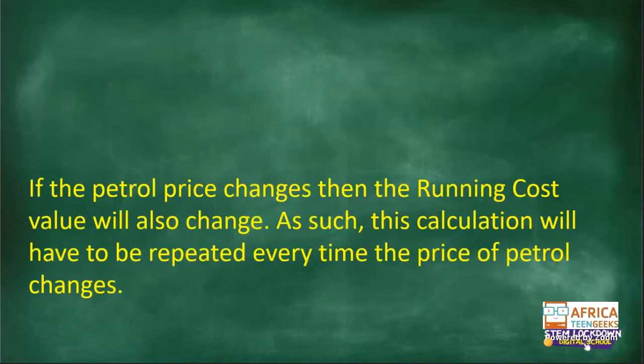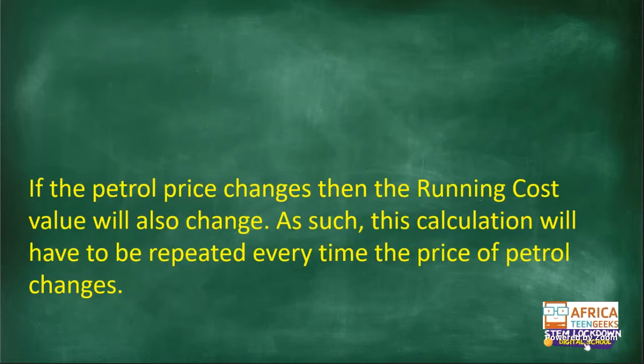So if the petrol price, for instance, changes, then that affects the running cost value. It will change as well. Let's say, for instance, the price of petrol goes up. It will definitely affect the running cost per kilometer.